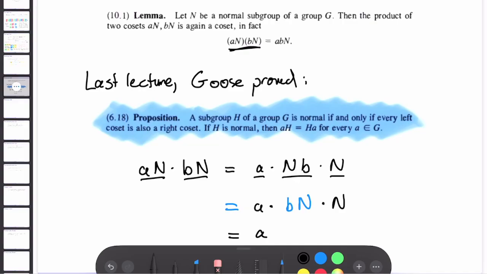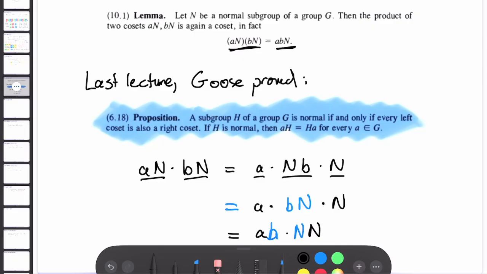This is ab, times n. There should definitely be a b there, not an n. Okay, let's try that. And then this. So it looks like we're pretty close.